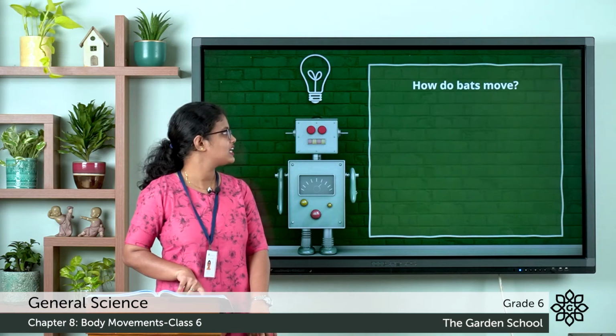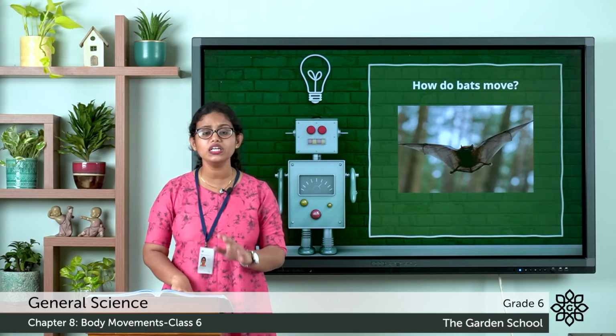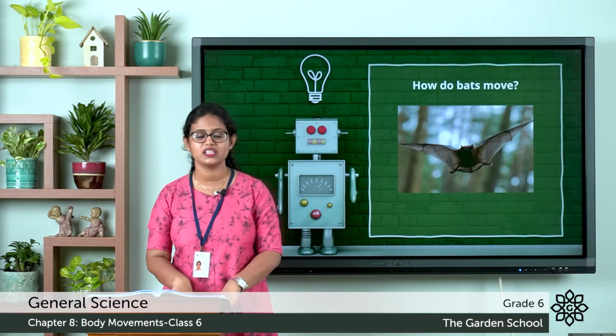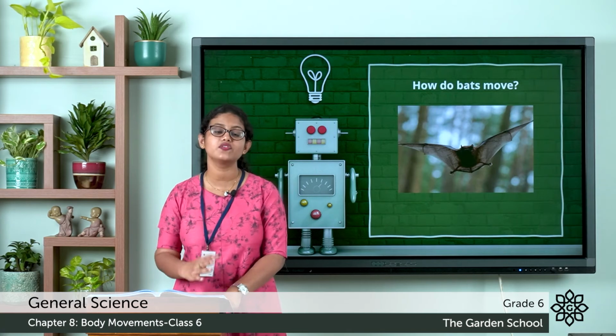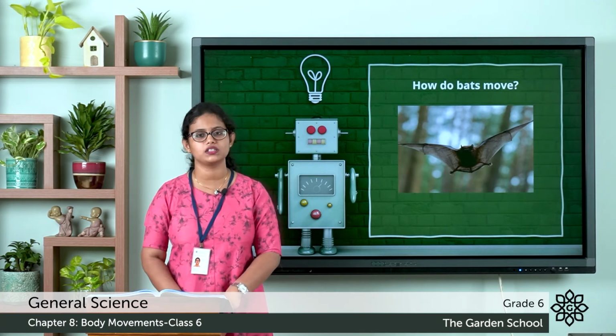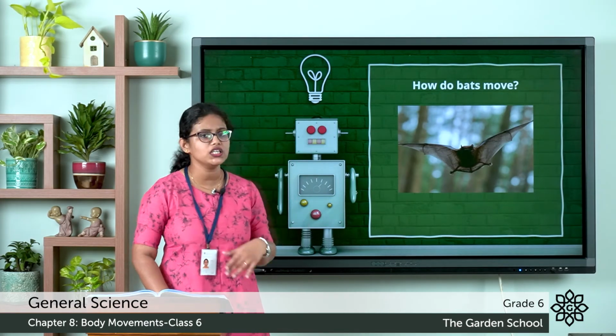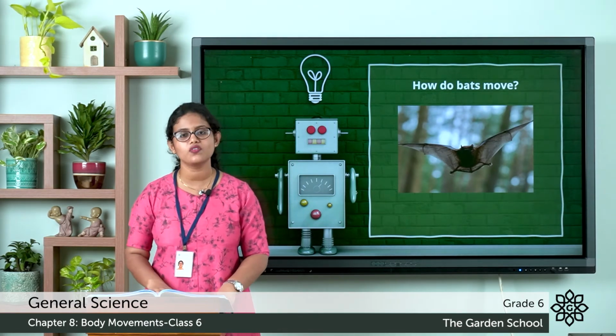The next is about bats. We know that bats can also fly. They are the only mammals that can fly. Mammals are those which give birth to their young ones that develop inside the mother's body. Bats are the only mammals that can fly.